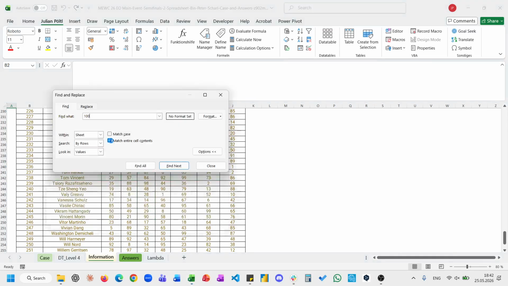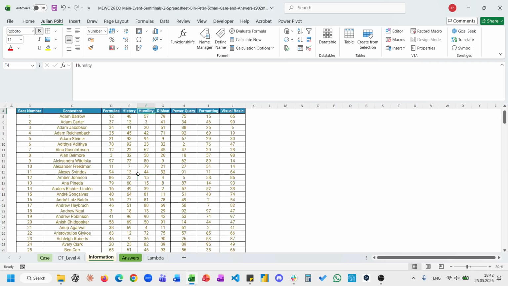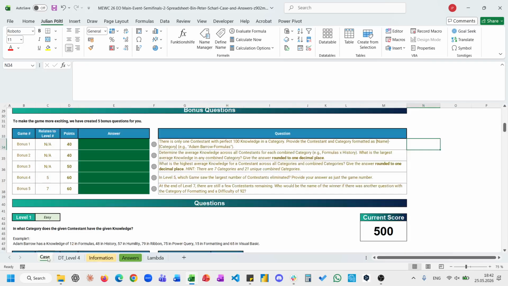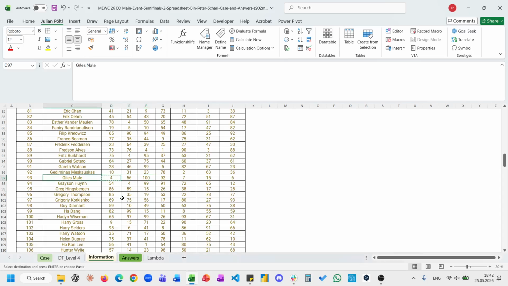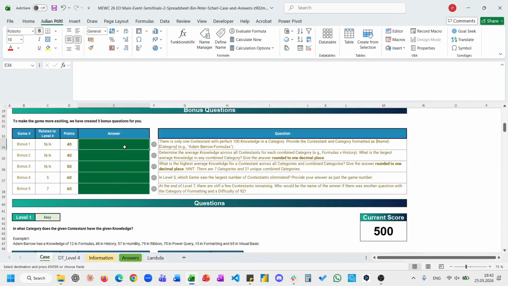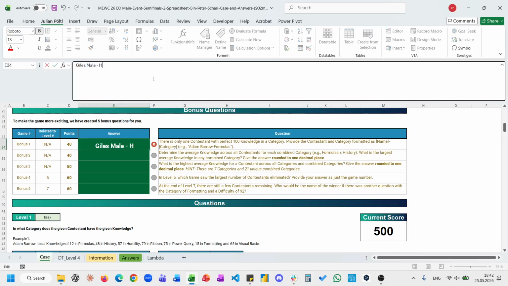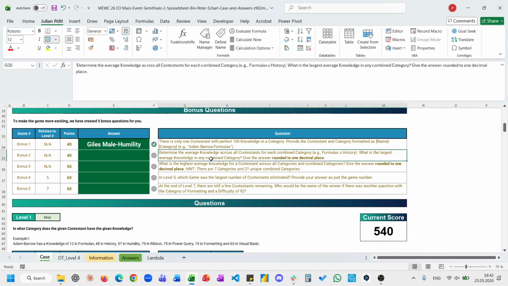F100. And it's Giles in humility. Name, category. So this is like the non-formula way, but yes. Next: determine the average knowledge across all contestants for each combined category. What is the largest average knowledge in any combined category?